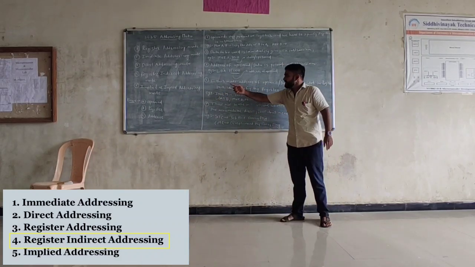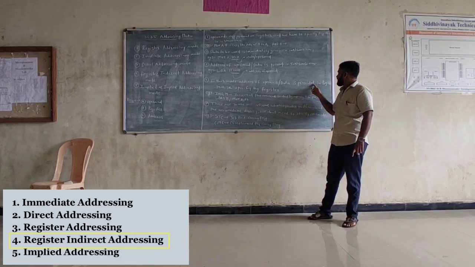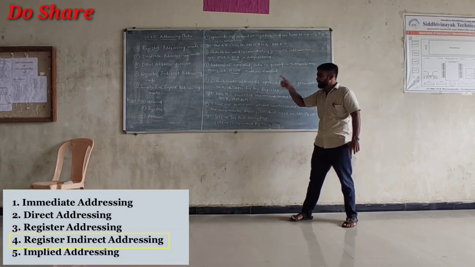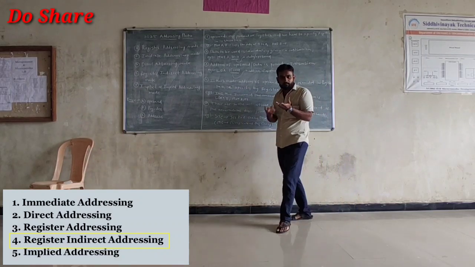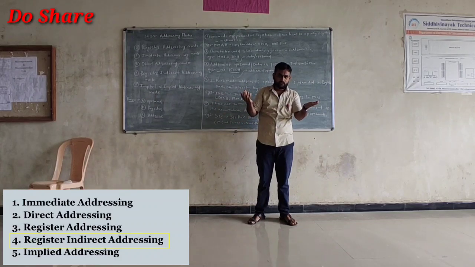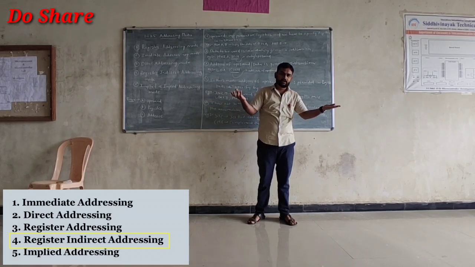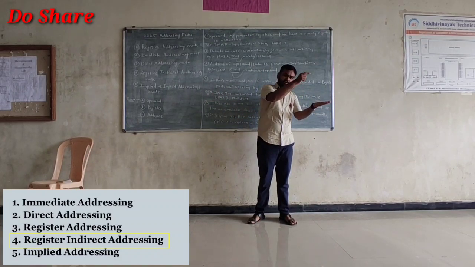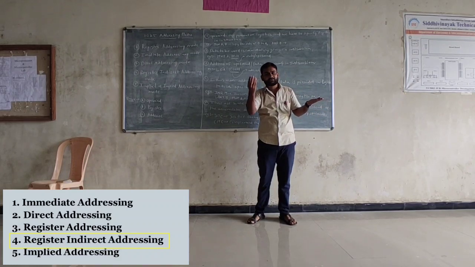The statement says that in this mode, the address of operand data is provided in a register pair or specified by the register. Sometimes the operand is stored at a memory location, and the address of that memory location is what gets stored in a register.